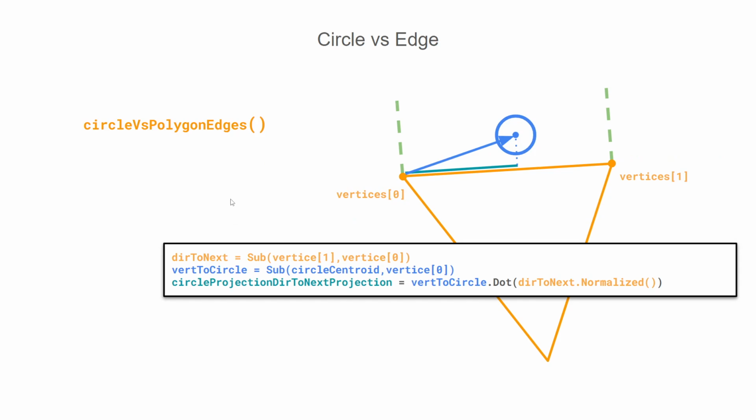So then let's jump to the circle versus edge case. Here you can see a polygon with actually 3 vertices, but the vertices of interest are just these two. We have the vertex at position 0 and the vertex at position 1.